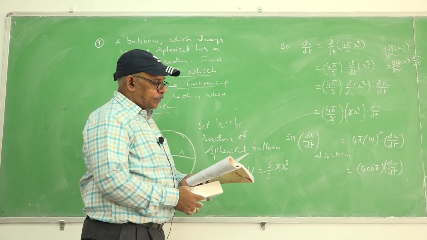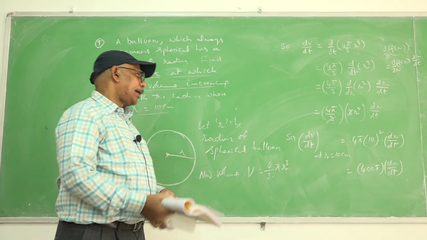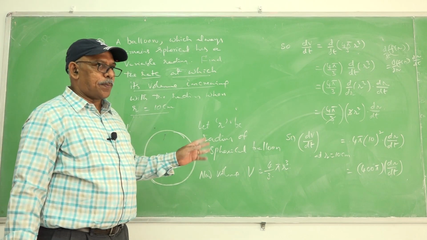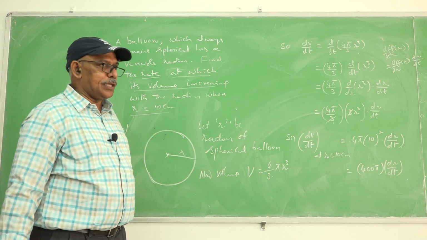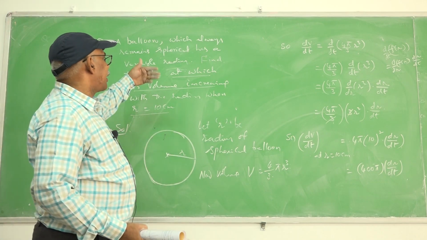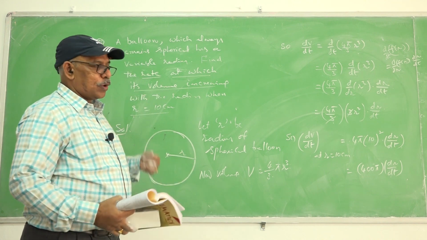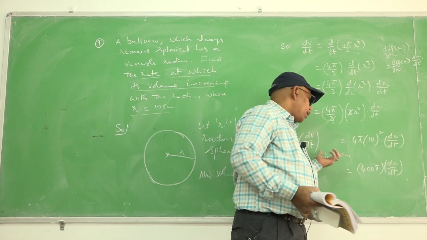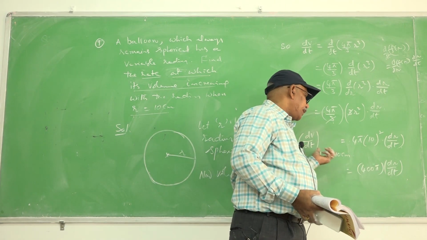So, the rate of change in the volume at r equals 10 is 400 pi times the rate of change of the radius. Here the rate of change of the radius is not given. Once the rate of change is known to us, you can determine the volume rate of change.